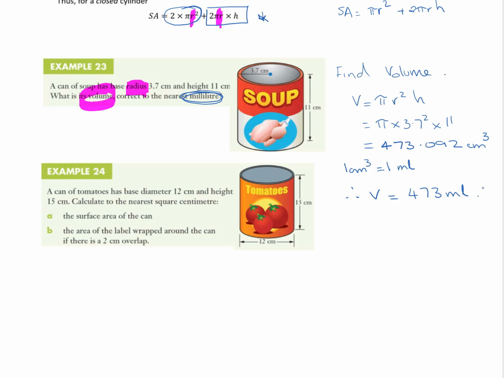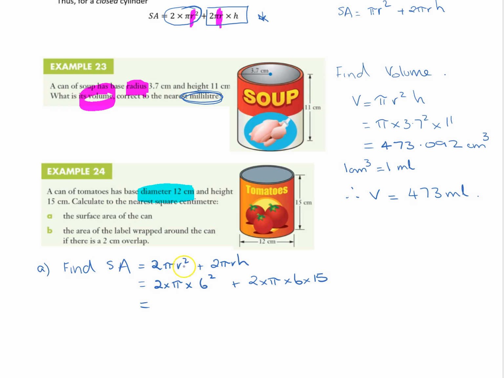I think we've got time in the video to go on and have a look at this next example. A can of tomatoes has base diameter 12. Got to note that. Height 15. Calculate to the nearest square centimetre, that's all fine, units are the same, the surface area of the can. So A, find surface area, which is the formula on the formula sheet, which is 2 pi r squared plus 2 pi rh.